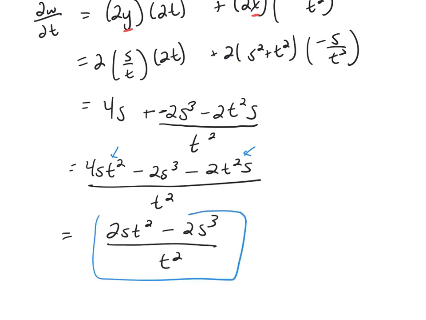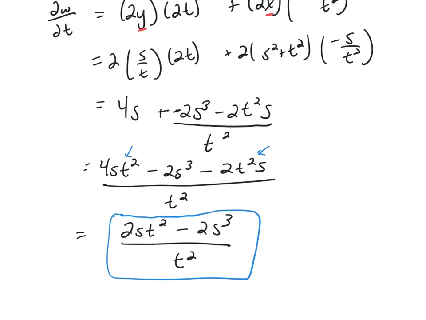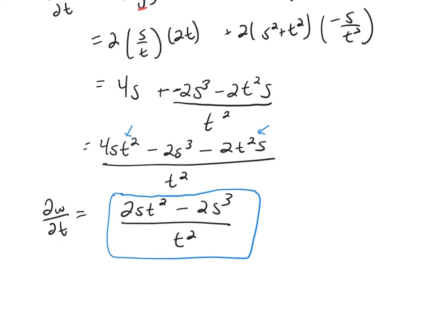And there's my answer. And again, if you compare this with what you got in the last video, for the partial derivative of w with respect to t, you'd see that this is the exact same answer that you got back in that video. But instead, we're using the chain rule now to find this partial derivative.